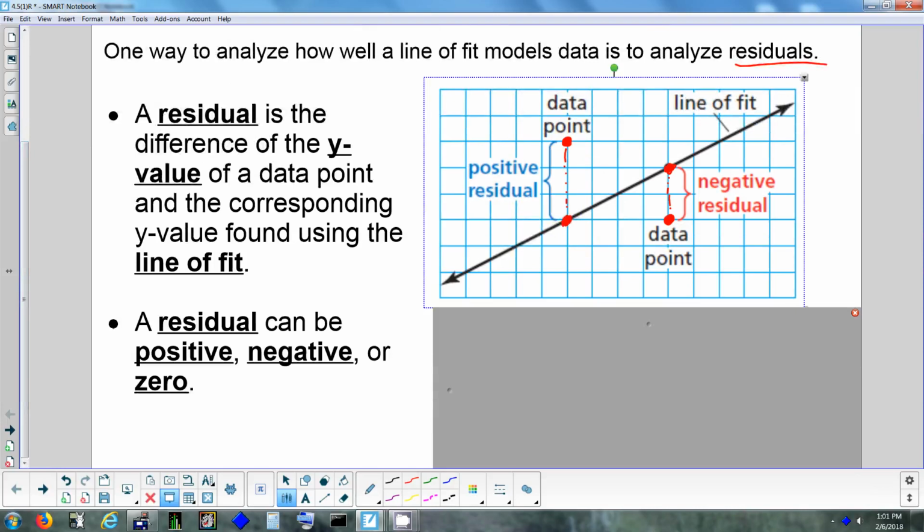And then let's say you had a third point right here. Well, that's a 0 residual. Your point is right on the line. It's perfect. So the goal, when you're drawing a line of fit, is a residual of 0. That's the best. As your residuals get bigger, that's not as good. Small residuals, that's the goal. All right, does everybody have that? Yeah. Okay.